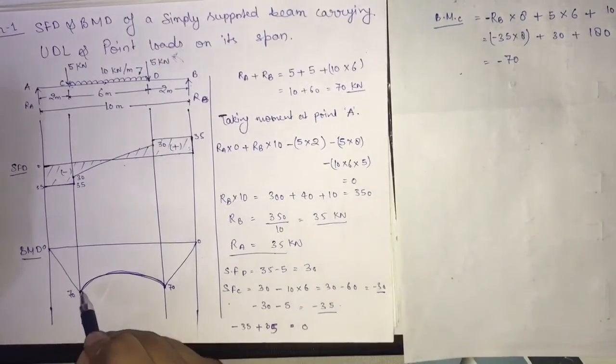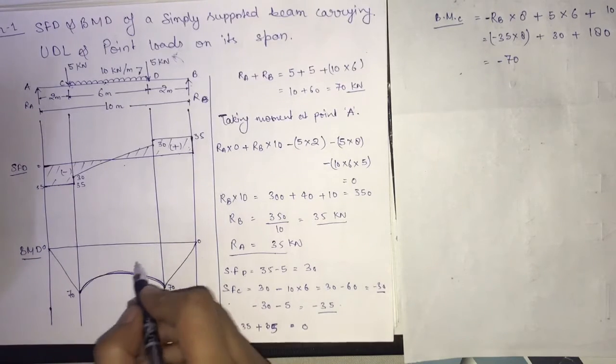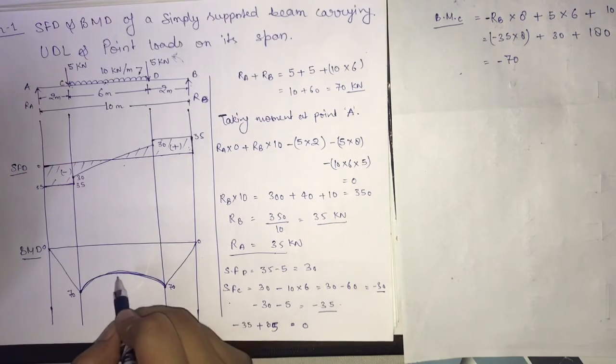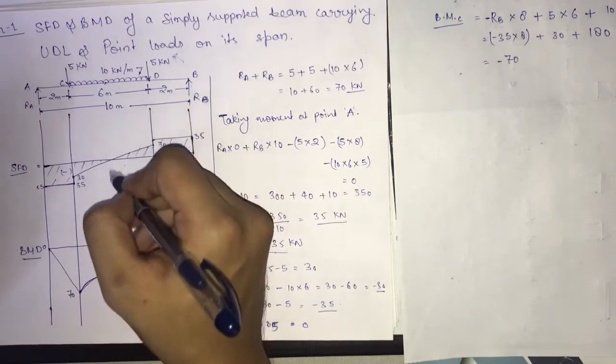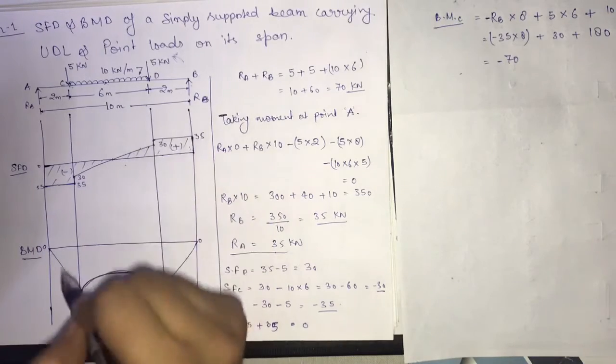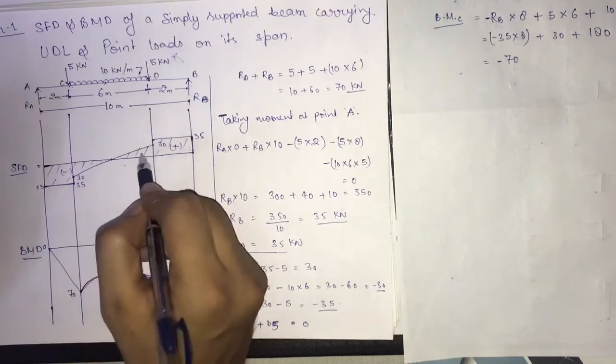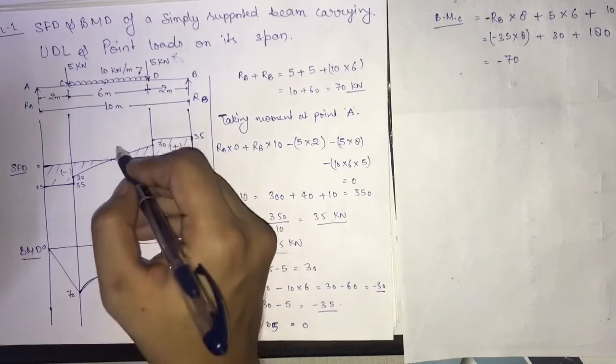Guys, this is the assumed diagram, because we have to find the exact position of the maximum bending moment, which would be found by the point of contraflexure, where the shear force diagram changes its sign from positive to negative.